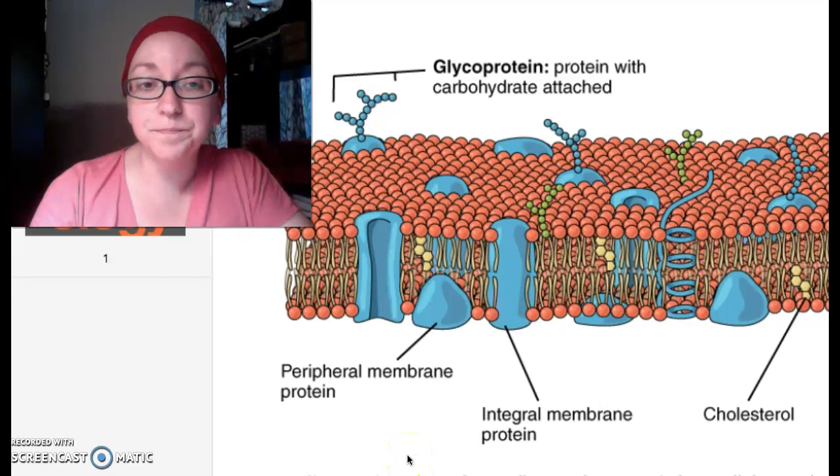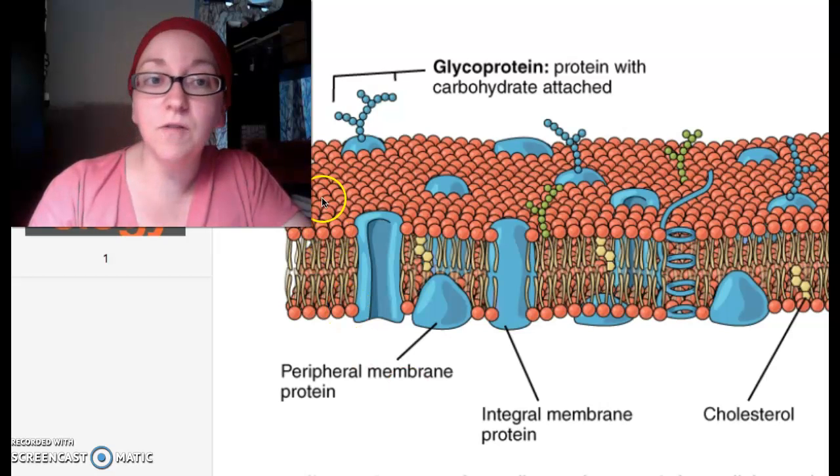So if you were going to describe a cell membrane in several different ways, we could talk about its structure. We could say it is a phospholipid bilayer with embedded proteins and cholesterol. We could talk about it functionally as being selectively permeable. We also sometimes say it is a fluid mosaic model.